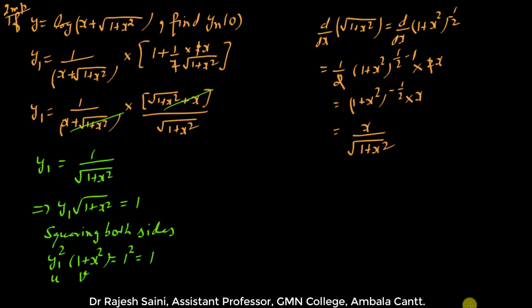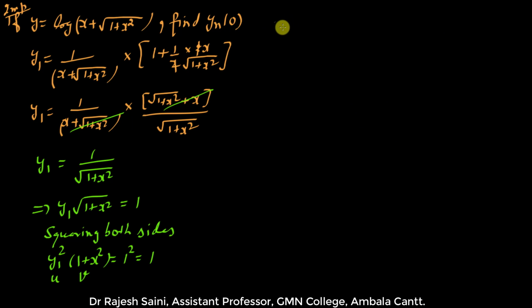So now differentiating again, what will we get? Differentiation of y1 square will be 2 y1 y2, fine, and 1 plus x square as such, plus now y1 square as such. Differentiation of 1 plus x square is 2x and differentiation of 1 is 0.